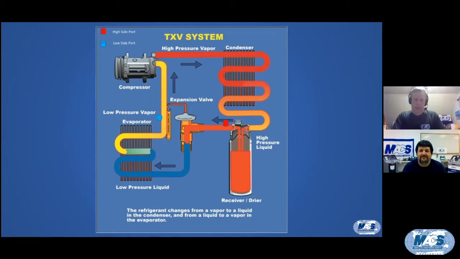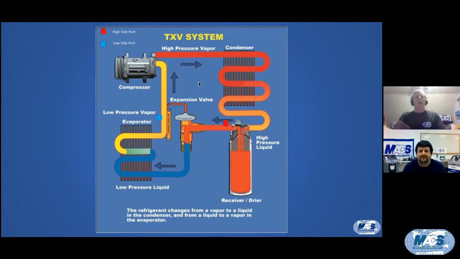It doesn't have anything showing up on there like a transducer or a high-pressure cutout switch or anything of that nature. It's just kind of a bare-bones system like you might use to teach a basic course on air conditioning operation. In this particular system, we have our high-side service port located here just past the dryer, and we have our low-side service port, which is located over here just past the evaporator on the suction line.